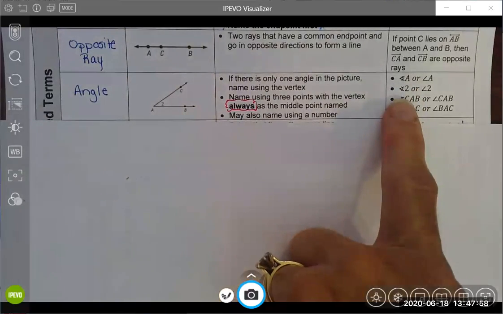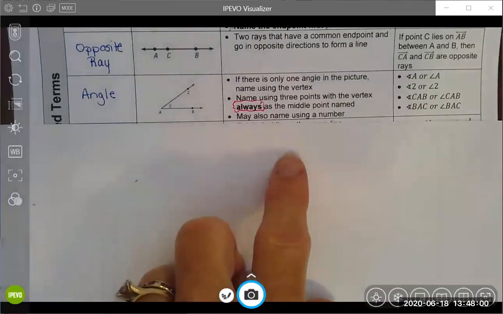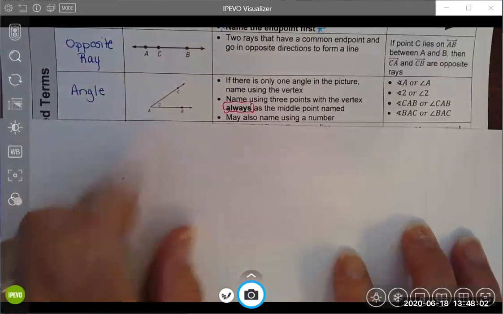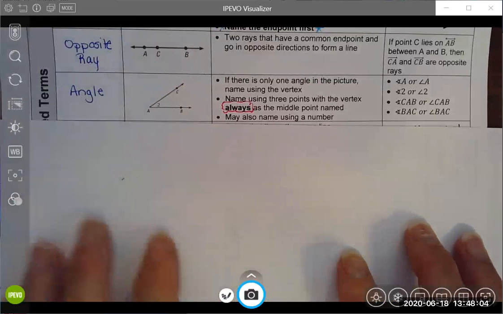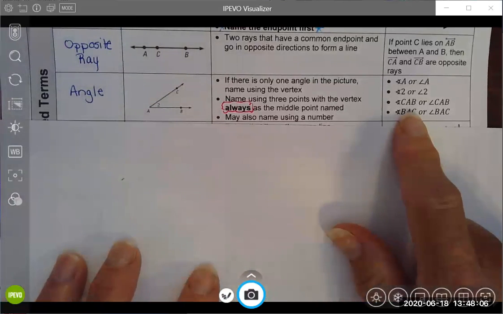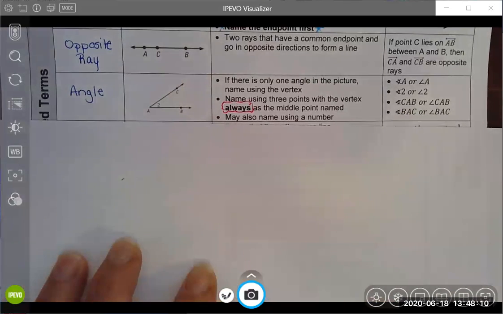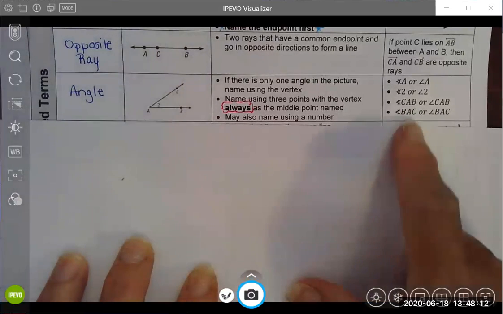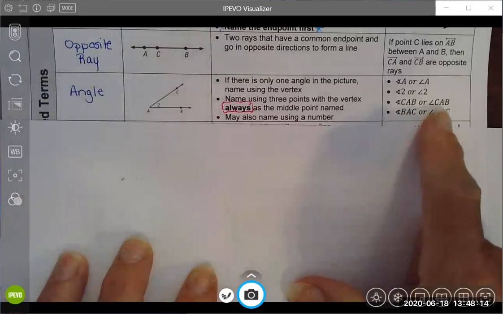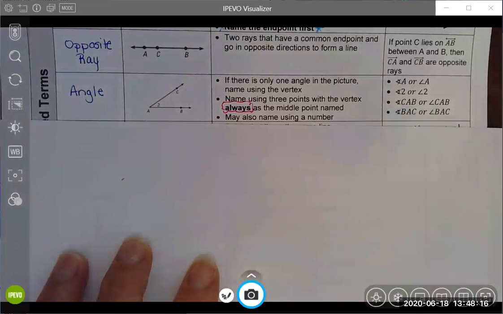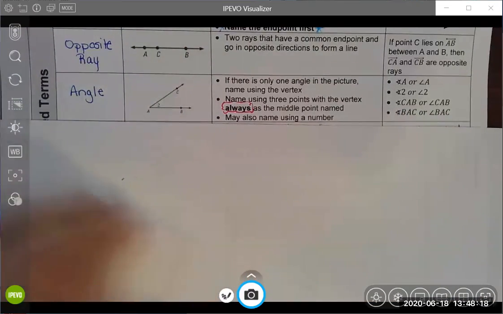You can put numbers inside the angle, and you can use that number to represent the angle. Or you could use 3 points where C and B are on the sides of your angle, and A is the vertex. Notice the middle letter, when you name it with 3 letters, has to be the vertex.